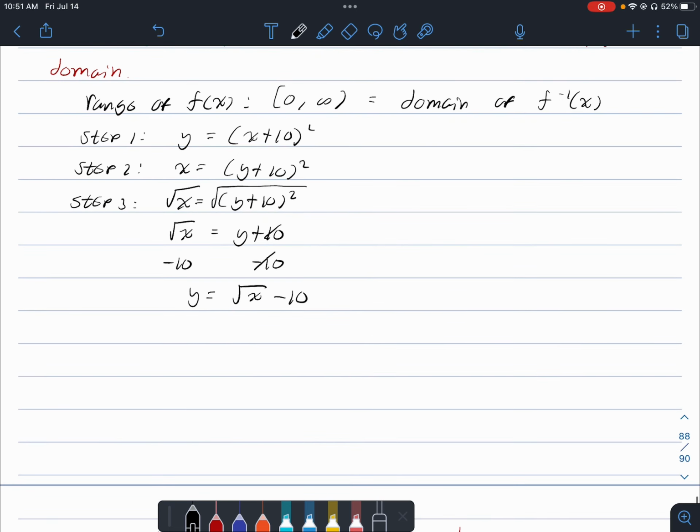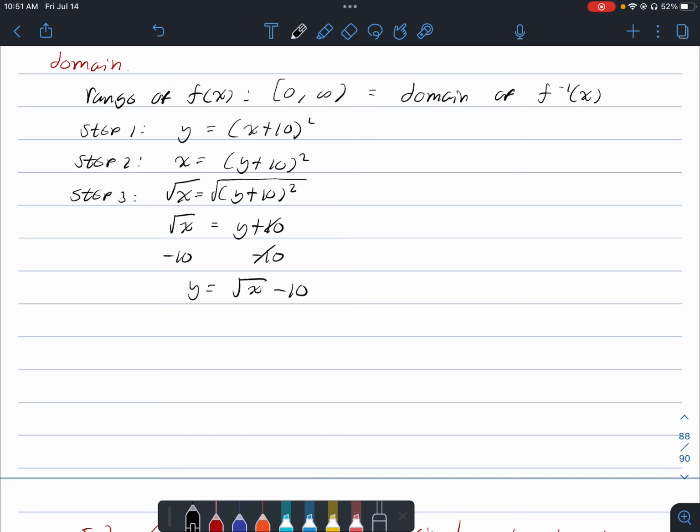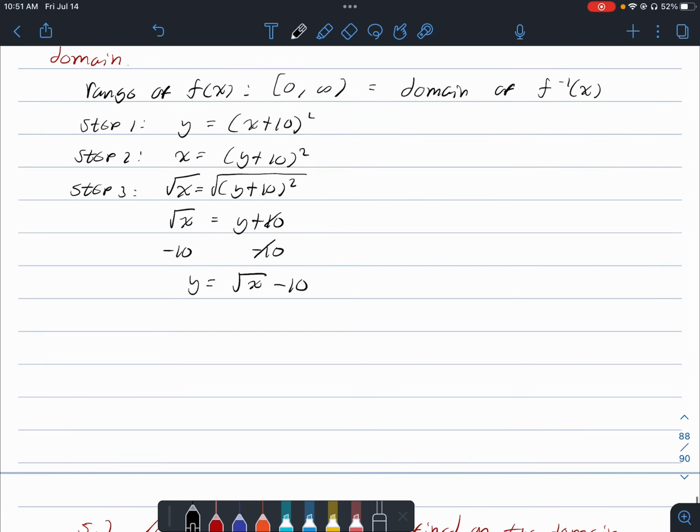Now what you'll notice here is that the range of this function is going to be -10 to infinity. So under the square root here, everything has to be greater than or equal to 0. So we could plug 0 in, but we couldn't plug anything less than that. So the smallest value we could get for the square root of x is 0. But then we're also allowed to take 10 away on the outside here.